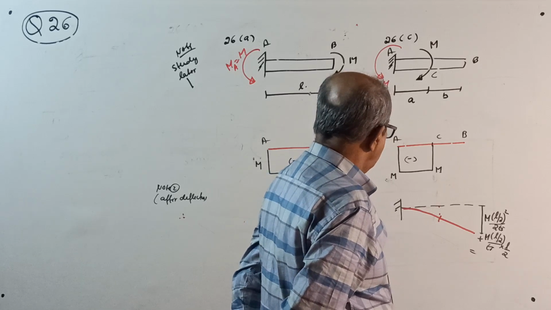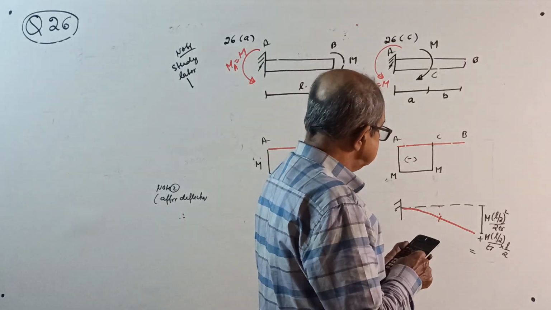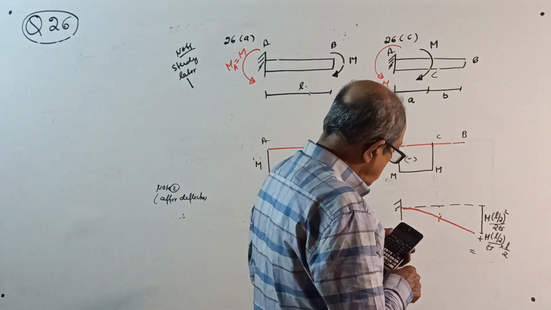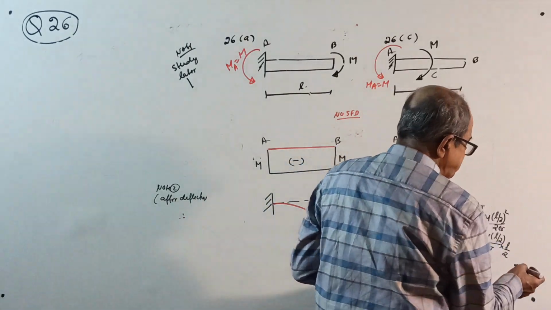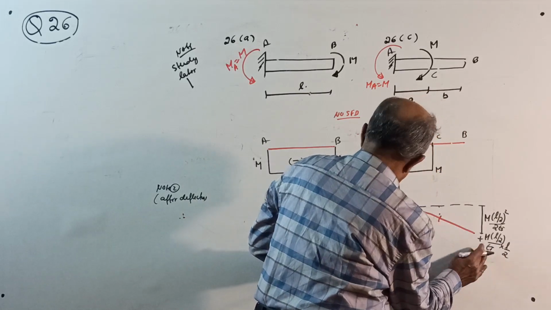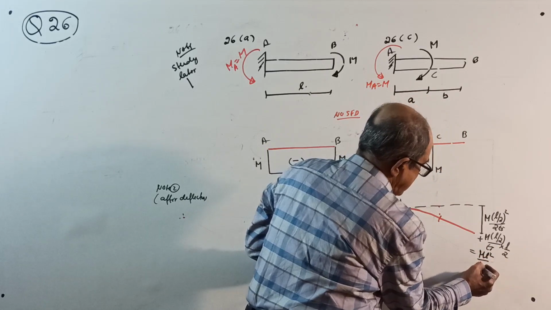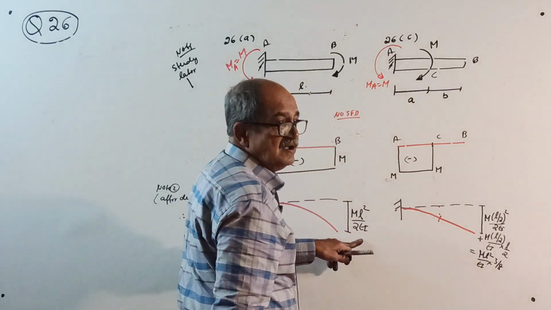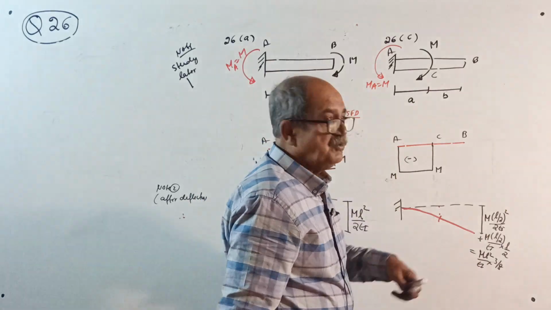M into (L by 2) square by 2EI: it is 1 by 8, plus 1 by 4. It will be 3 by 8. If it is wrong, you check later. It will be ML square by EI into 3 by 8. This is actually 4 by 8. So because of this one, the deflection will reduce.